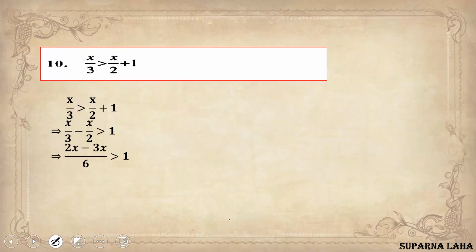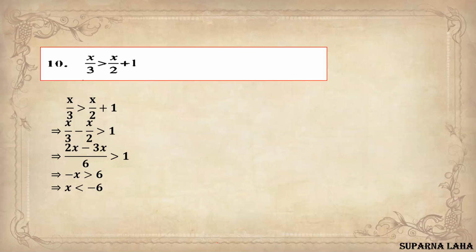So 2x minus 3x, that is minus x, by 6 is greater than 1, or you can just cross multiply it. So minus x is greater than 6, and x is less than minus 6. Means all the values just before minus 6, starting from there up to minus infinity, all the real numbers are the solution for this inequality.